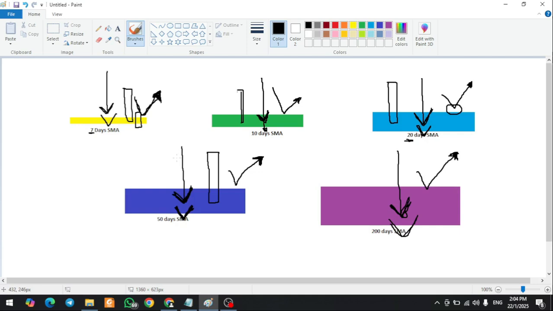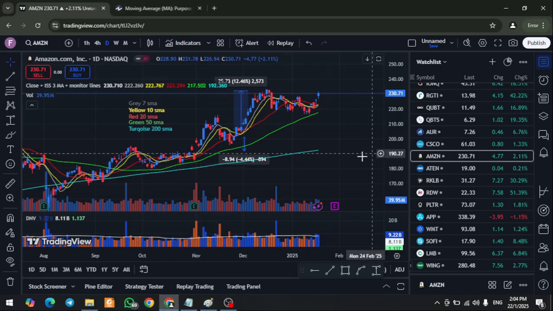If you want to stab a knife through 50 layers of paper, it's hard. That's how the price is usually hard to break the 50 days moving average, and it tends to bounce back if the momentum is still strong.